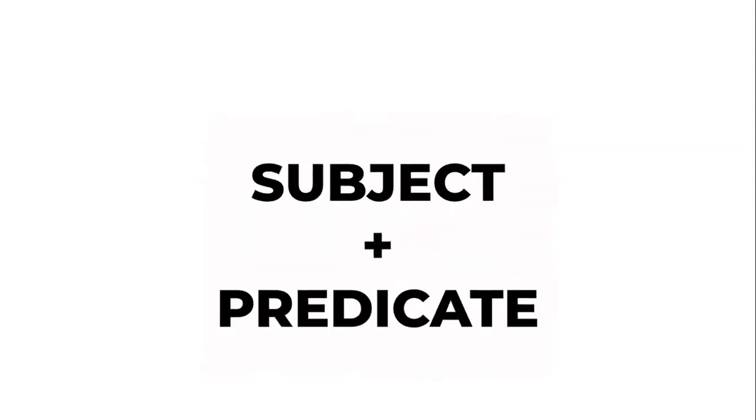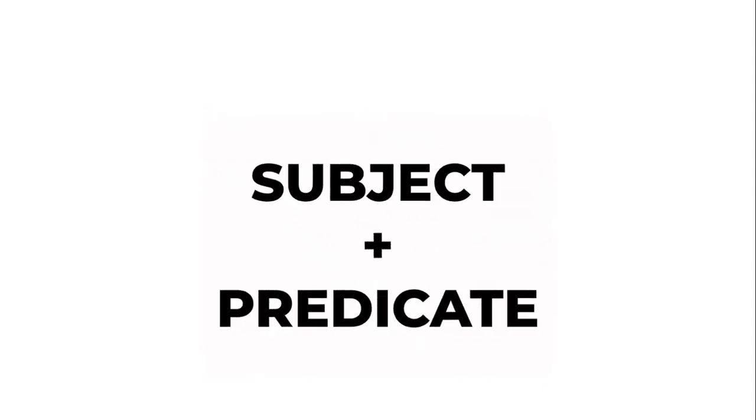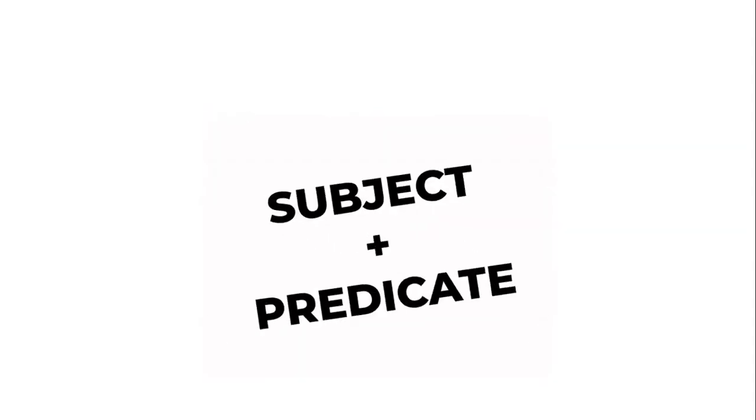A subject is the naming part, it is basically a noun. And what is a subject? A subject is what the whole sentence revolves around. Like, Rohan Patel sat in the waiting lounge. So the whole topic was about Rohan Patel. So Rohan Patel is a noun and it is our subject.